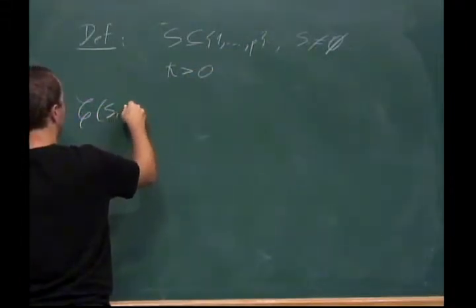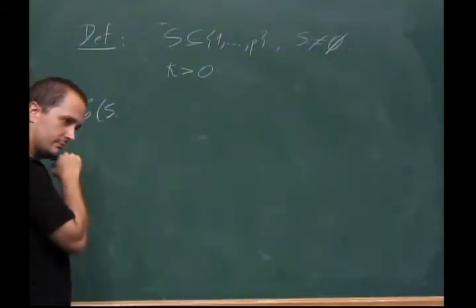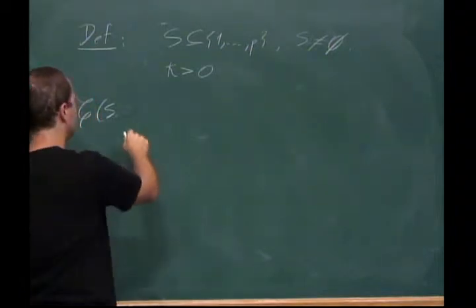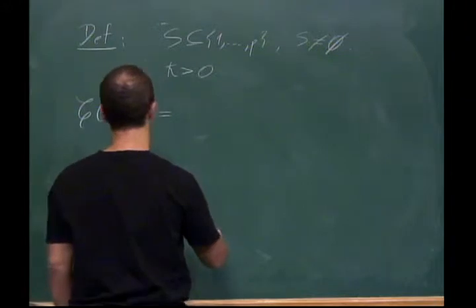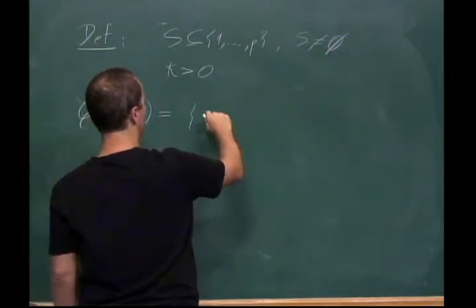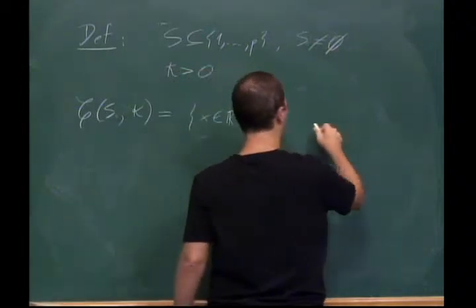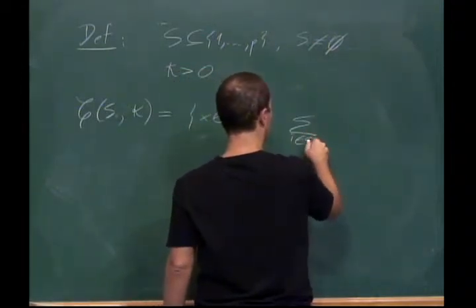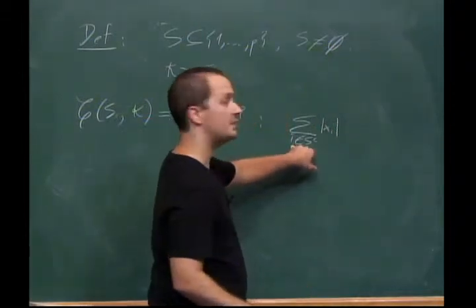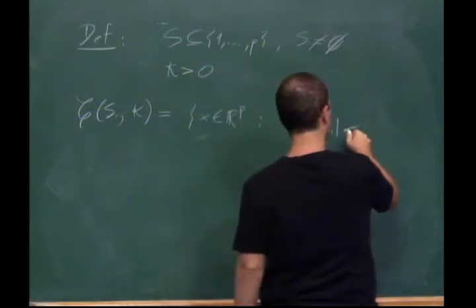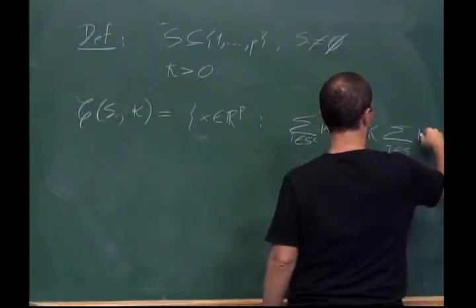Sometimes people call this the cone, but it's not exactly a cone, though it's sort of like one. This is the set of all vectors such that the sum of the absolute values of the coordinates outside of S is at most kappa times the sum of the absolute values of the coordinates inside S.